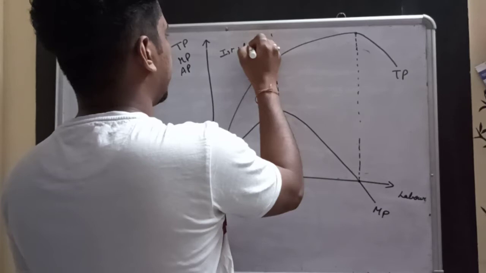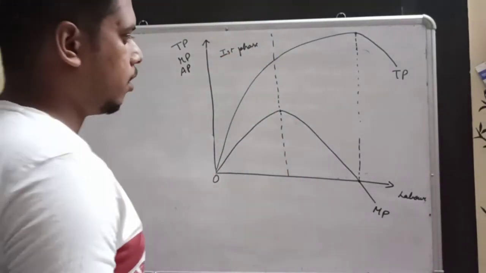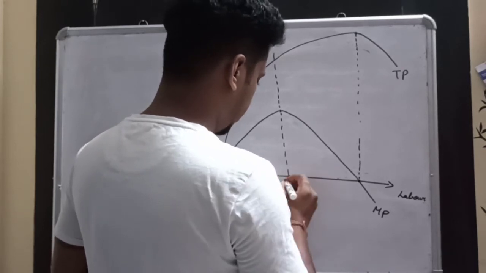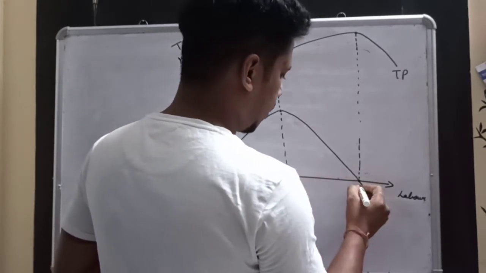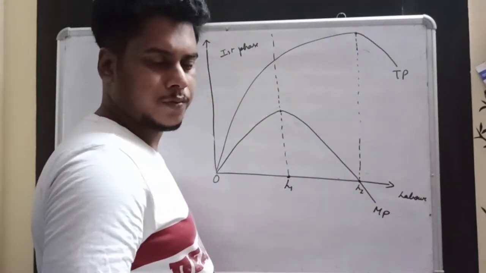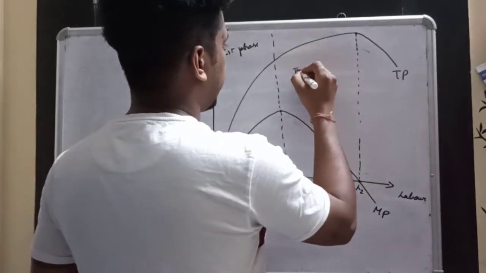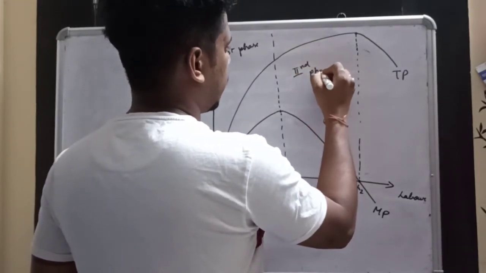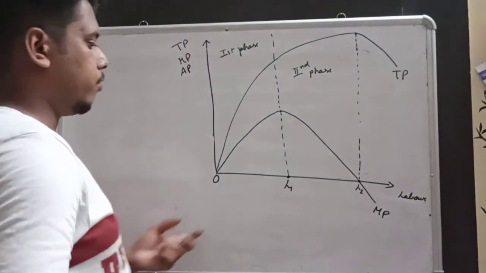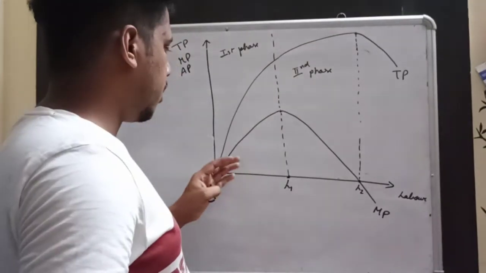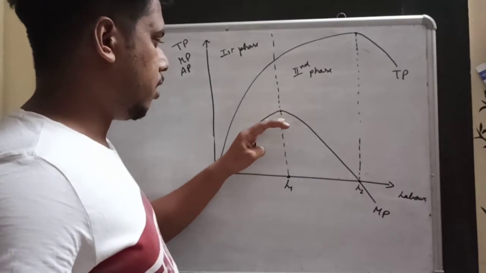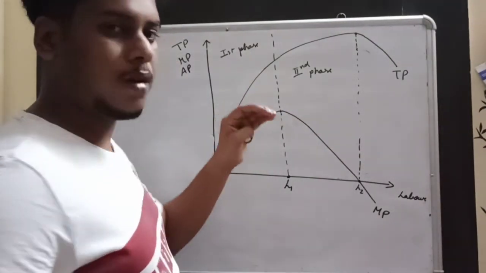Then the second phase will be from this point, say point L1 to point L2, till the point MP becomes 0, not negative, sorry. So the first phase is all about increase in the marginal product, and it extends till the point where marginal product becomes maximum.